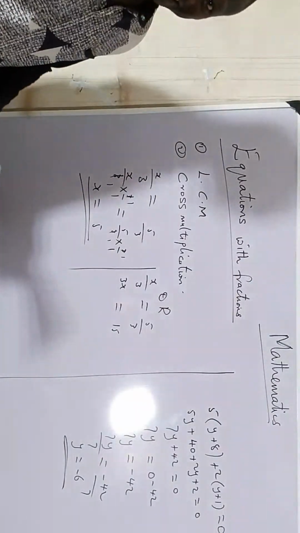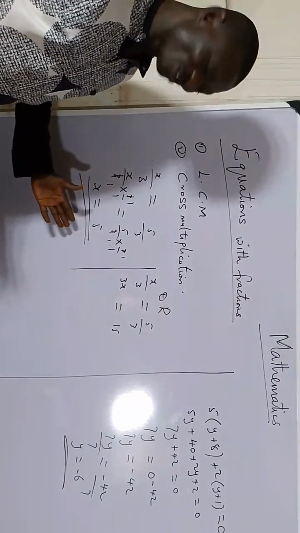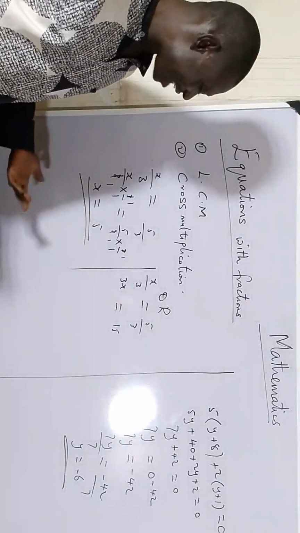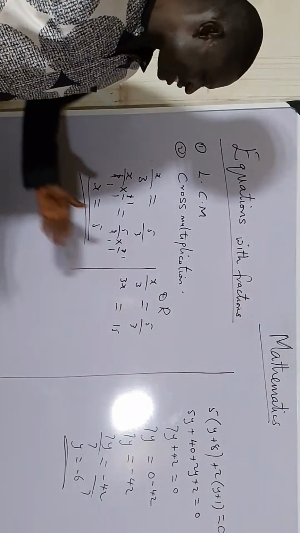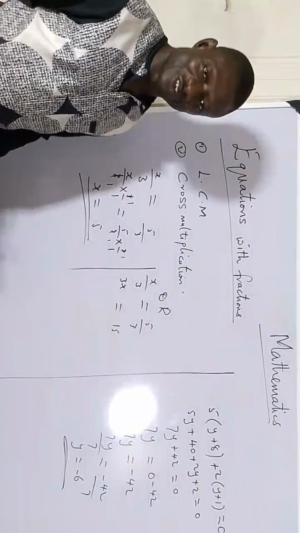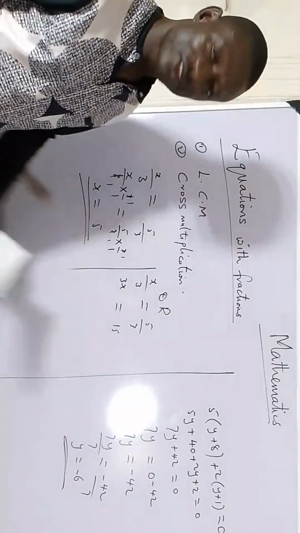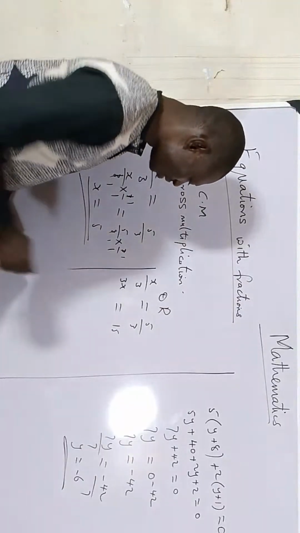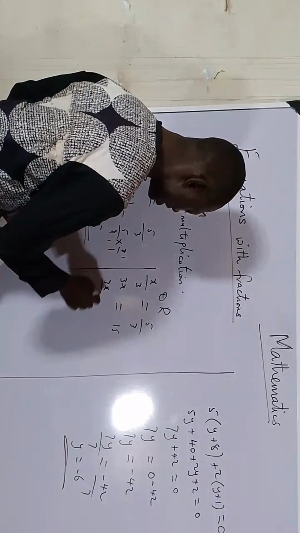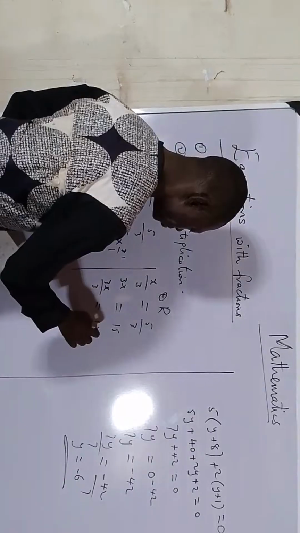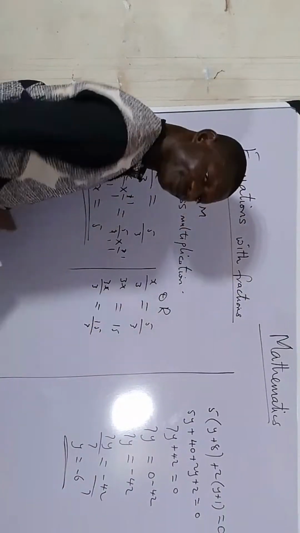Once we have seen this, it comes to the same thing we had before: 3x is equal to 15. And the coefficient of the unknown here is 3. And so we are going to have 3x divided by 3 is equal to 15 divided by 3.